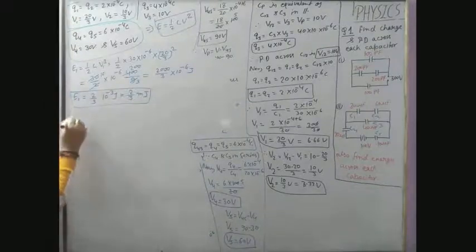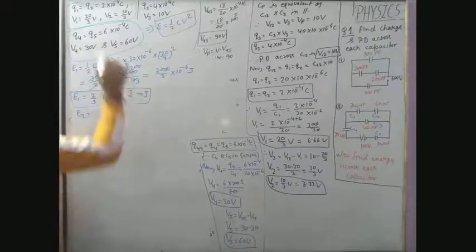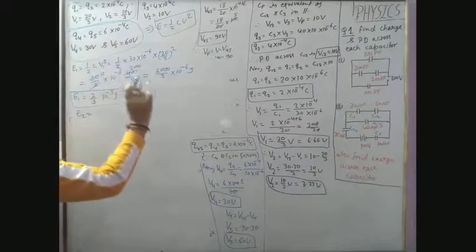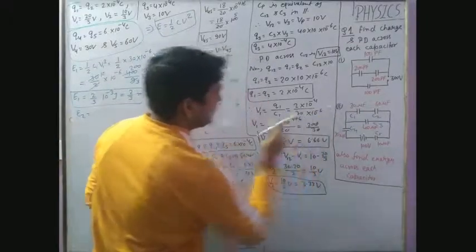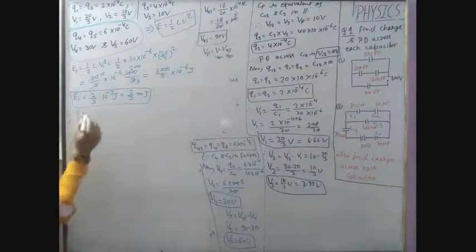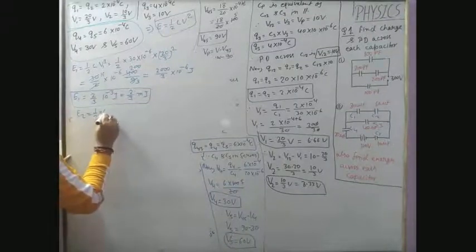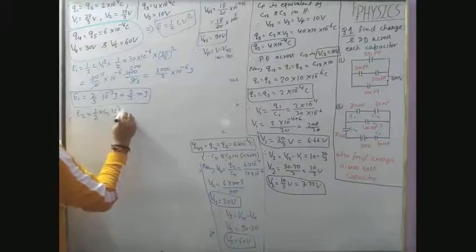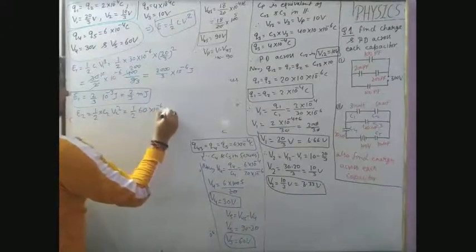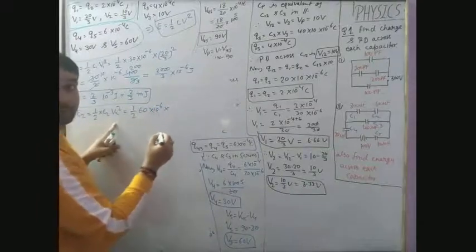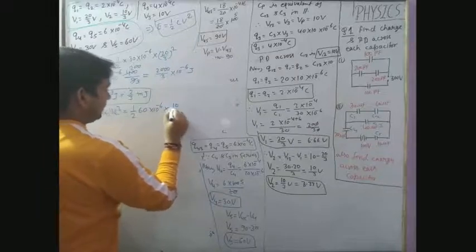Okay, now E2, I will explain how the values work. C2 value is 60. E2 is half C2 V2 square, which means half into 60 into 10 to the power minus 6, and V2 we have 10 by 3.